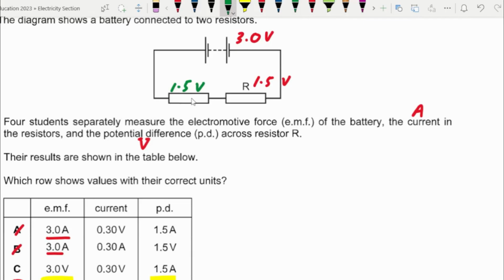But the thing is, in A levels, we consider another thing as well, which is internal resistance of the battery. And some of the voltage is dropped, or dissipated across the internal resistance of the battery as well. But for O levels, we don't have it, so let's proceed on.